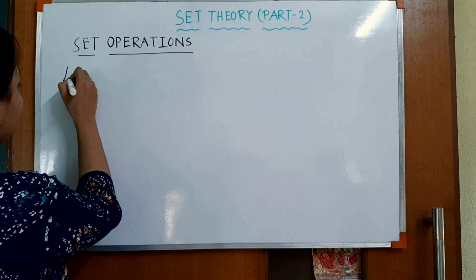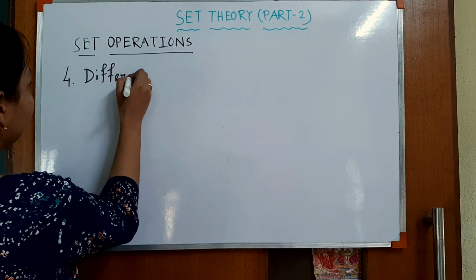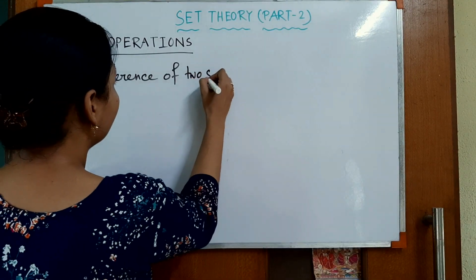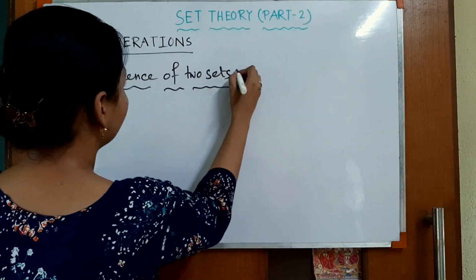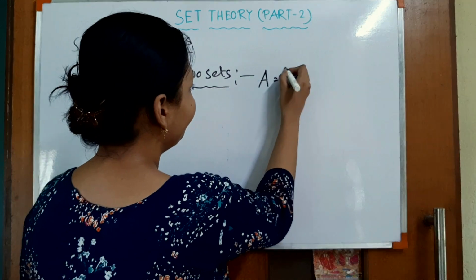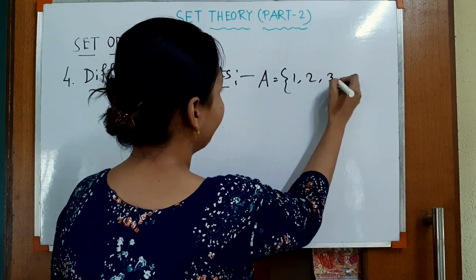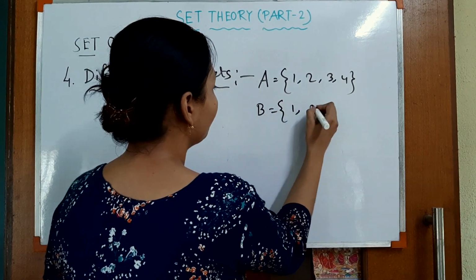Next is difference of two sets. Let us take an example. A equal to {1, 2, 3, 4}, B equal to {1, 2}.